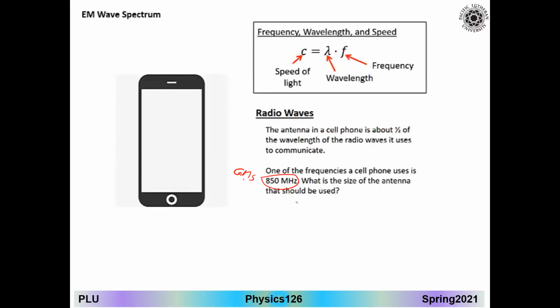And if you want to calculate how much length I have for my antenna, we have to calculate our lambda first. Since we are given the frequency, we can find our wavelength. So wavelength, in that case, will be the speed of light divided by the frequency. The speed of light is a constant, and the frequency depends on your operating frequency. In this case I have 870 or so mega, by the way.